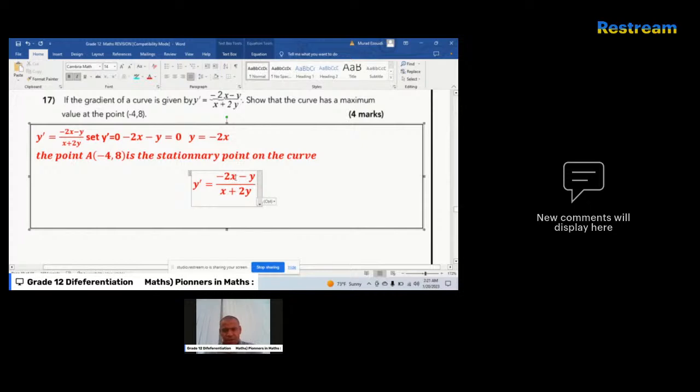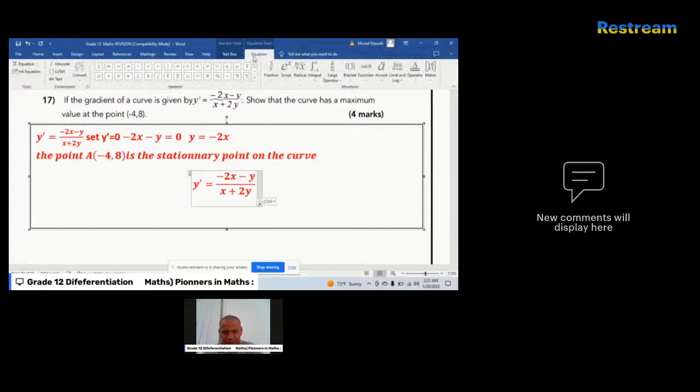I will suppose this is y dash divided by 1. I will insert a fraction. This is y dash and this is 1. Y dash over 1 is y dash.